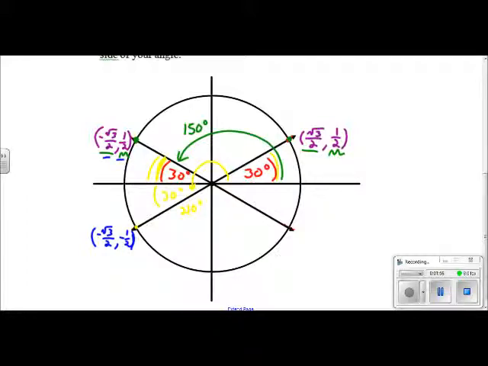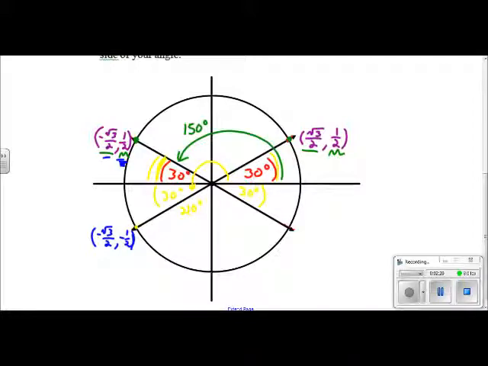At least x-wise, it's still just as far to the left of our origin, but it's our y value flipped. It goes 1/2 downward, and that's where we get the negative 1/2, and that's where we get the negative root 3 over 2.